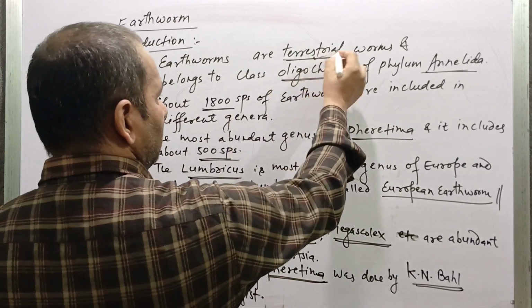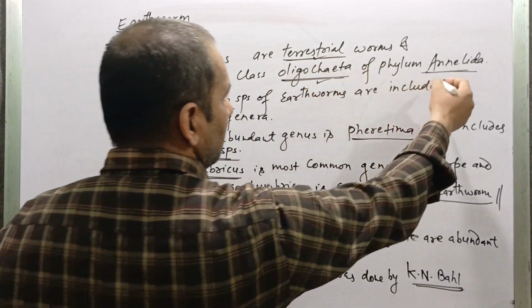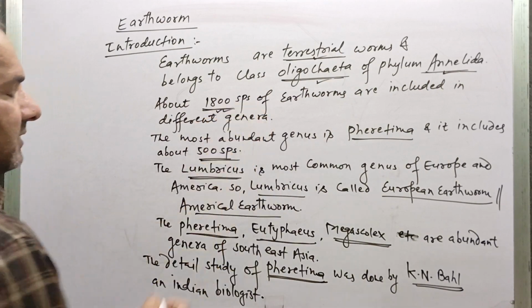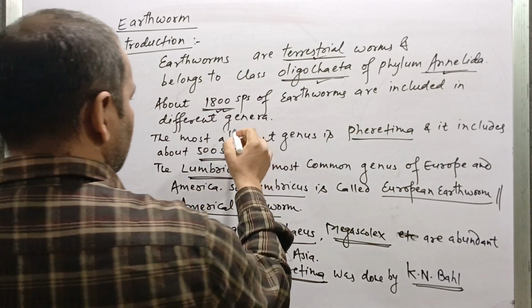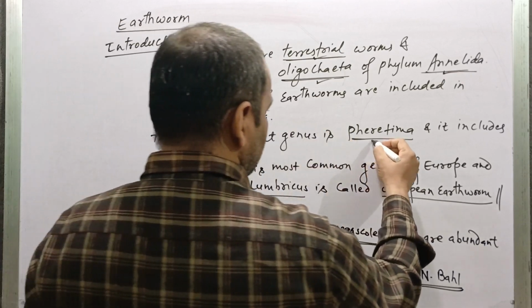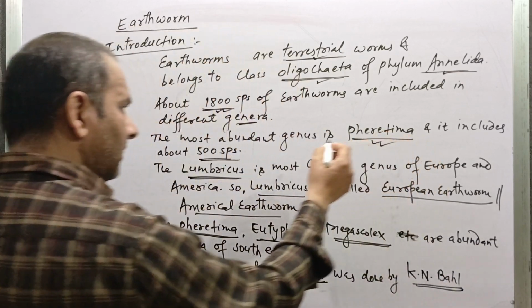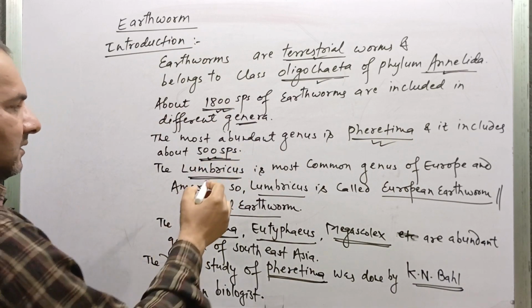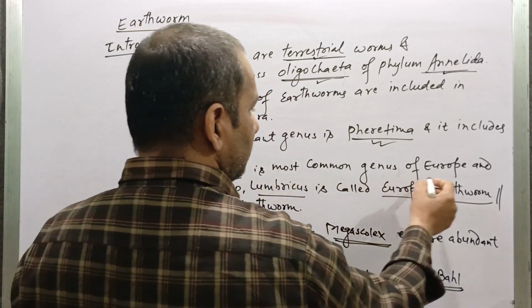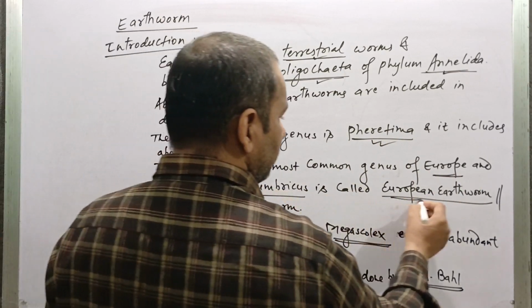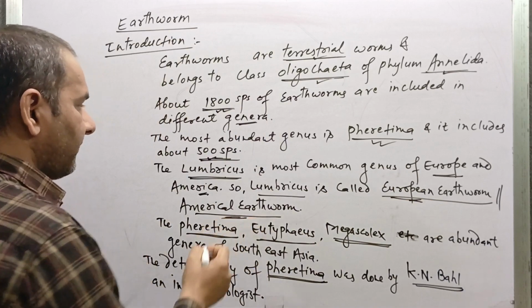Earthworms are terrestrial worms. They belong to class Oligochaeta of phylum Annelida, and about 1800 species of earthworms are reported, and they belong to different genera. The most abundant genus is Pheretima, which includes about 500 species. The Lumbricus is the most common genus found in Europe and America, so it is also called European earthworm or American earthworm.